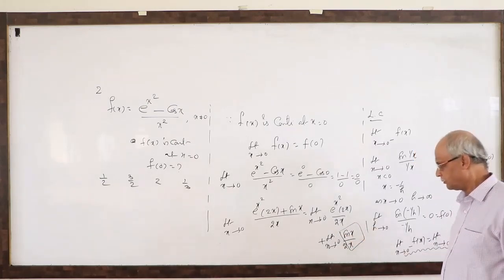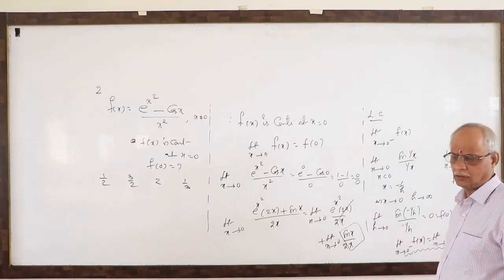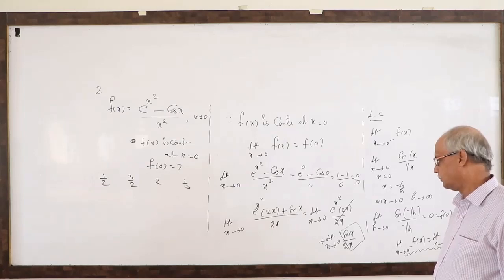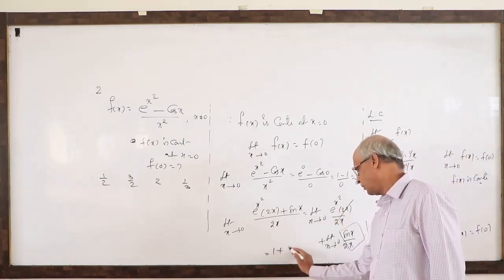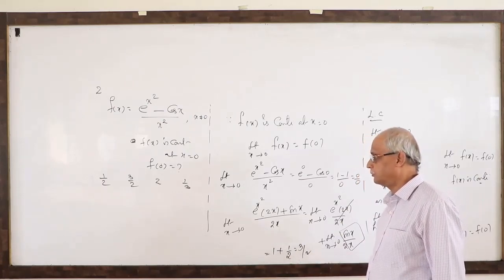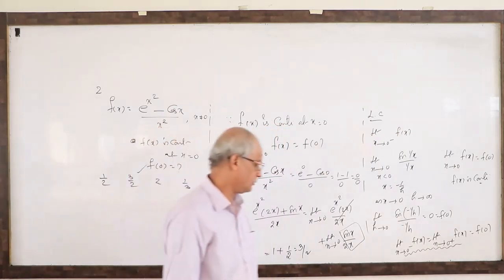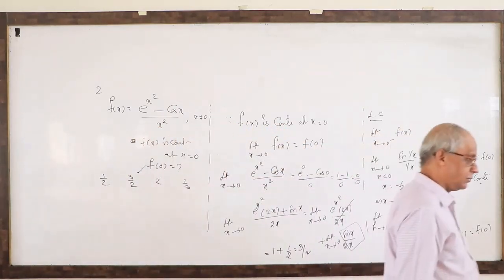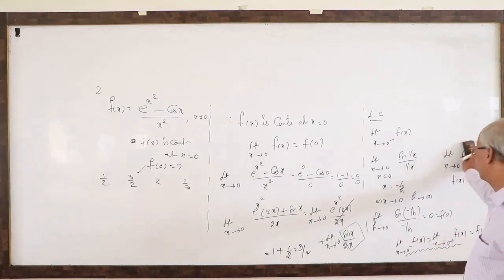So here 1 by 2. Here 2x cancels. There is no dangerous value 0 in the denominator. E power 0 is 1, plus half. How much total? 3 by 2. Second option. What is the observation here? We are doing the differentiation method, that means the L'Hospital rule.